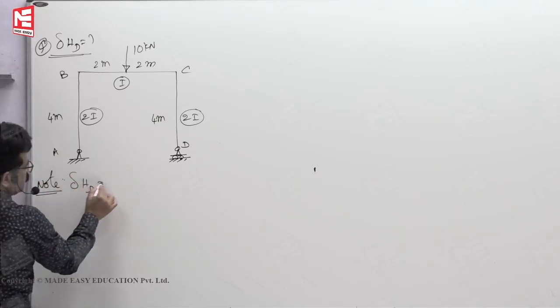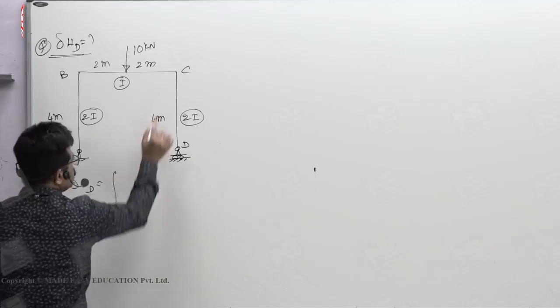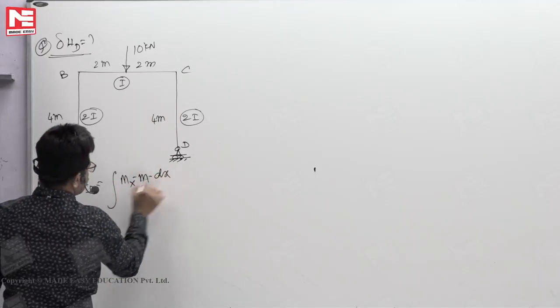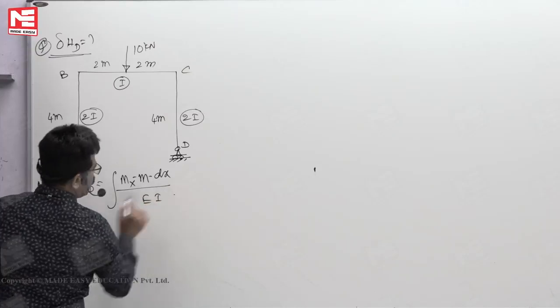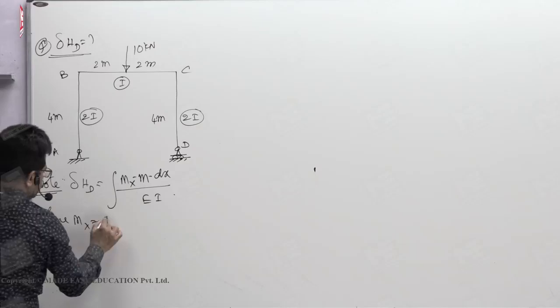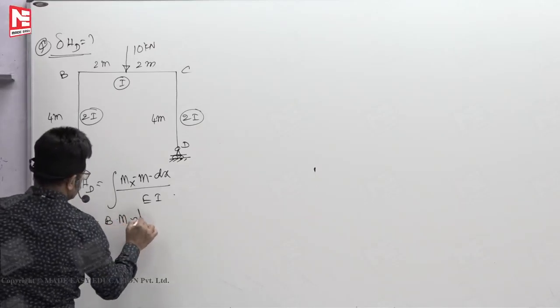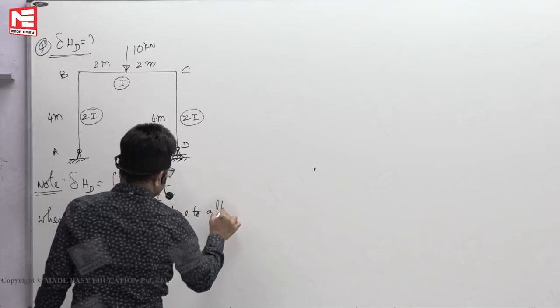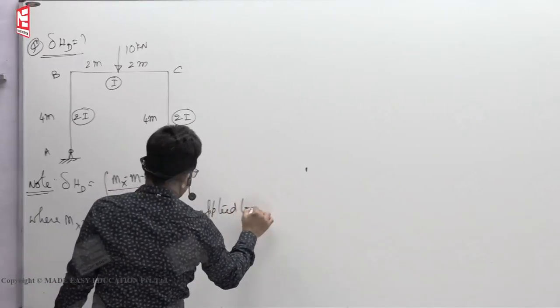Horizontal displacement of joint D is equal to, because it is a straight member, I can write the integral of Mx into m into dx by EI, where Mx stands for bending moment at XX due to applied loading.